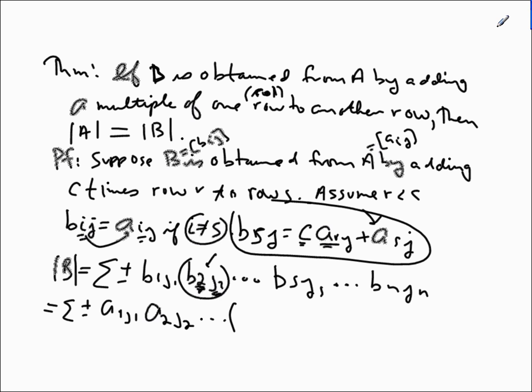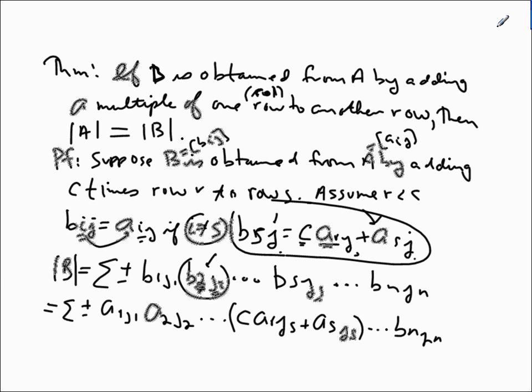All I'm saying is it's not column J, but it's column JS, so you can put those S's in. It's C times ARJS plus ASJS, all the way down to BNJN. And I chose my words carefully. You could put those little S's in, but I don't want them, so I want to be able to say it in general. BSJ equals CARJ plus ASJ.